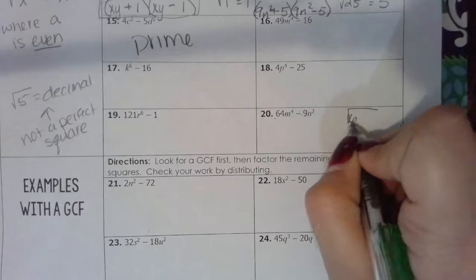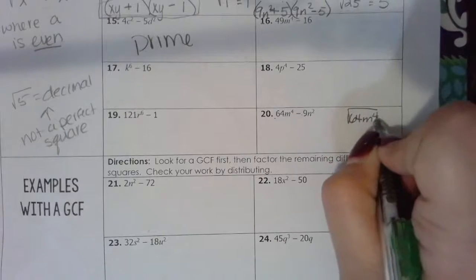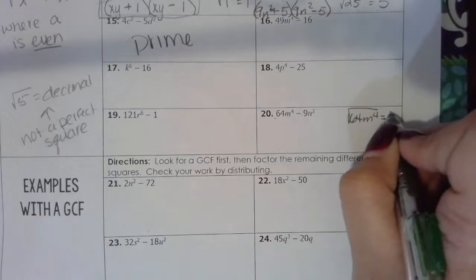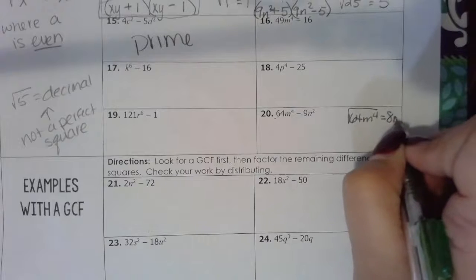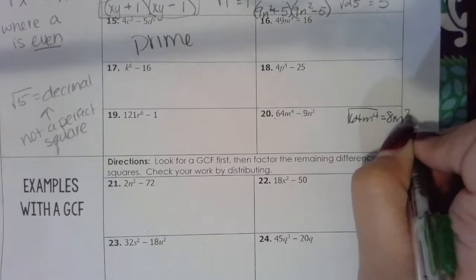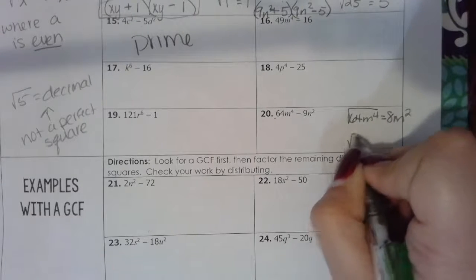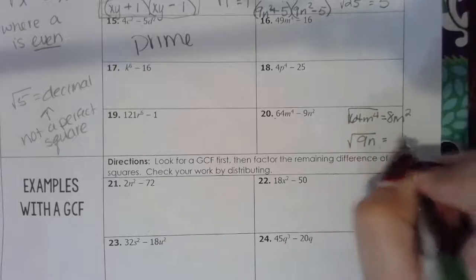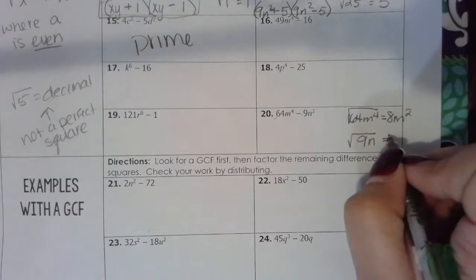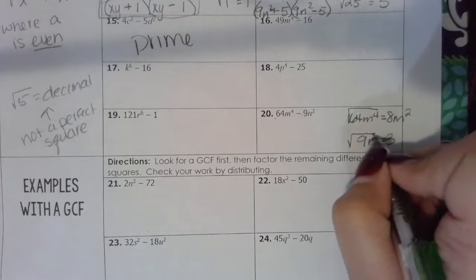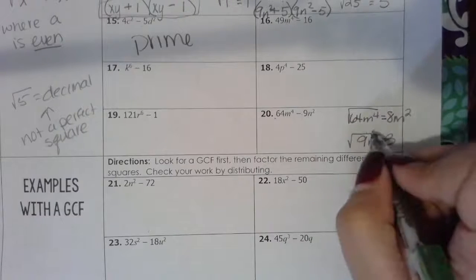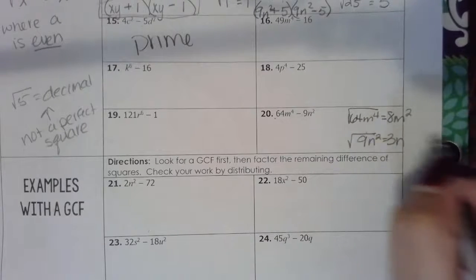So taking the square root of 64m to the 4th, the square root of 64 would give you 8. m to the 4th would be m to the 4 divided by 2, which is m squared. And then the square root of 9n squared: the square root of 9 is 3, and the square root of n squared would be just n.